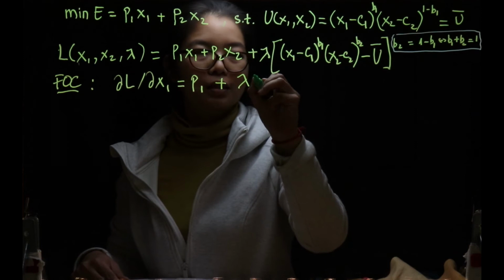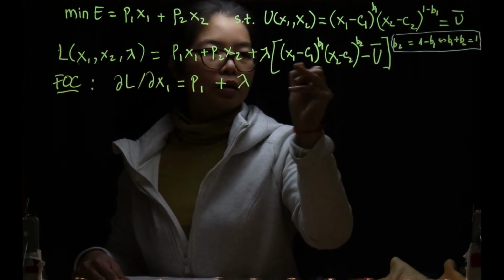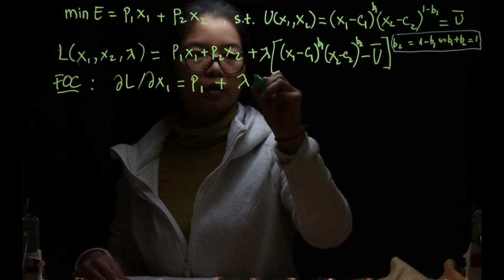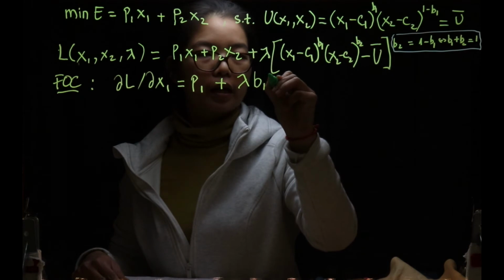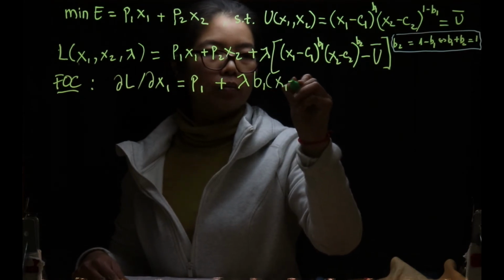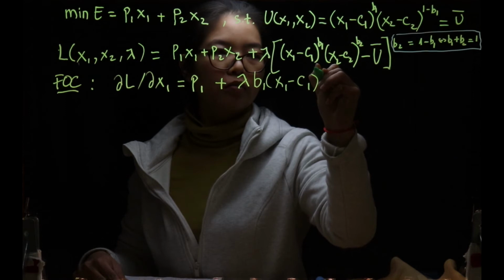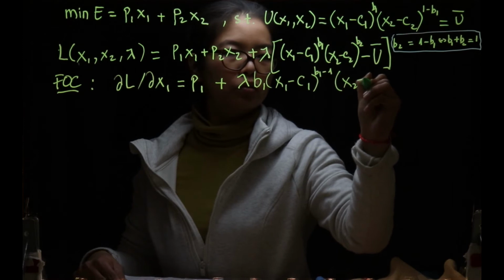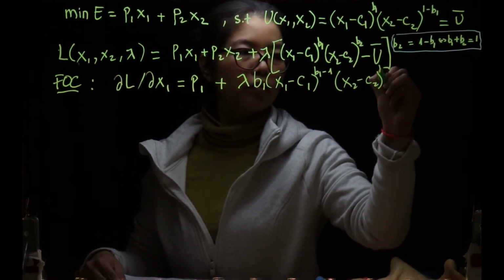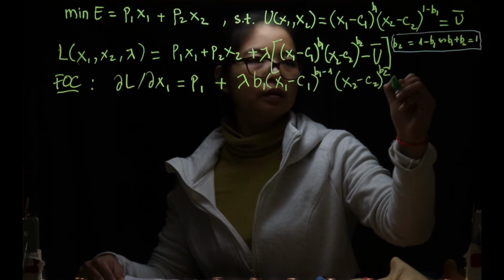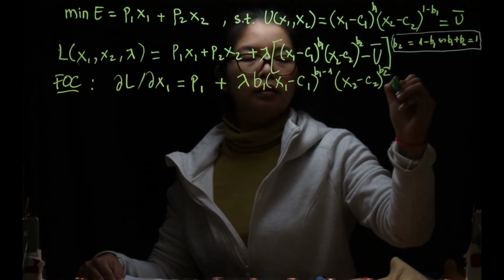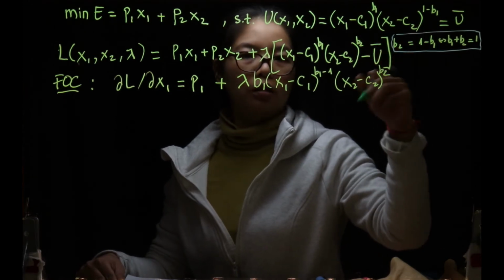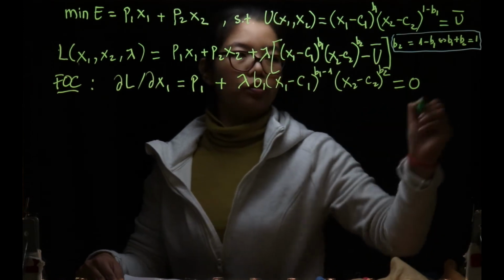Now we can just rewrite it again here. The second term is only constant, so keep it constant now. So b1 times x1 minus c1 to the power of b1 minus 1, times x2 minus c2 to the power of b2 again. And then, because u bar is a constant, it is gone, equals 0.